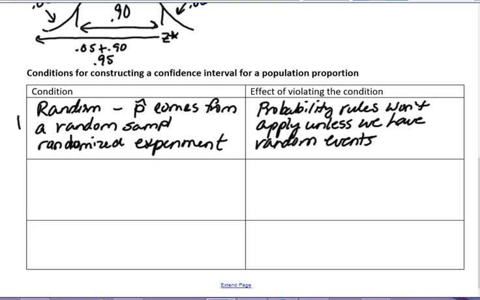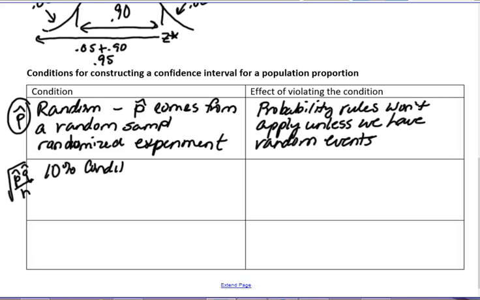So this particular condition affects the p hat. The second condition has to do with the standard deviation of p hat, and this is the 10% condition.